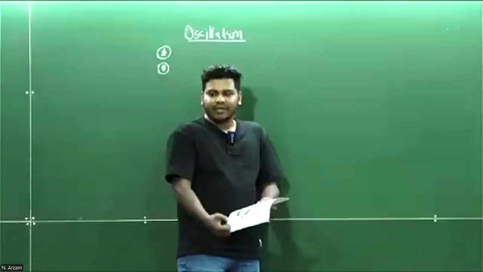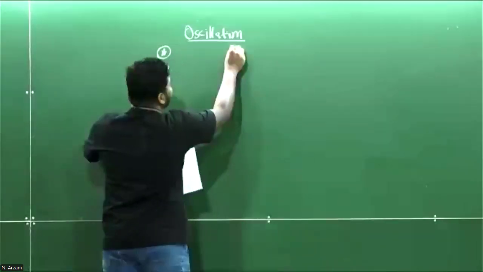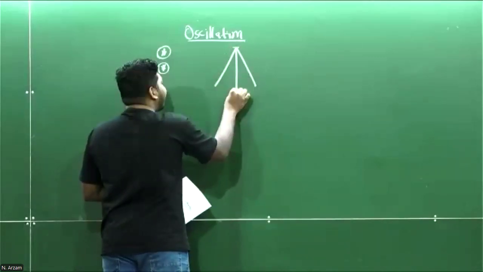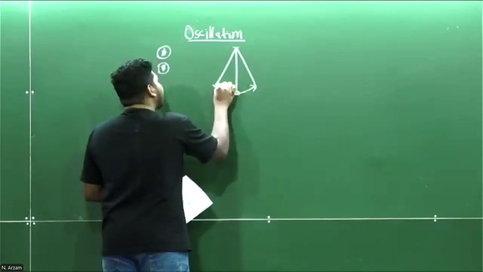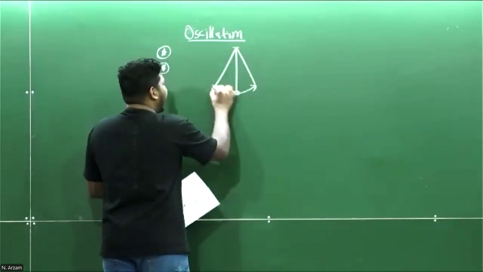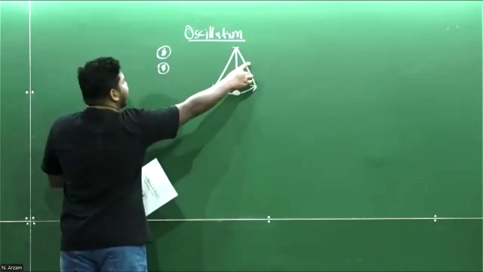Also the motion of a simple pendulum: within the same time period, it happens again and again like this. So this is periodic motion.